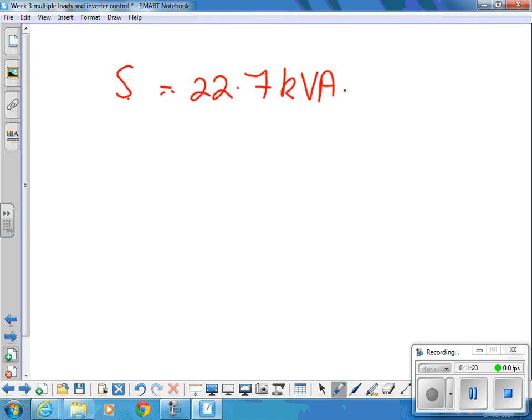Okay. So if you're unsure, let's get it from the units. Look, kVA, or it's VA, which means volts times amps.